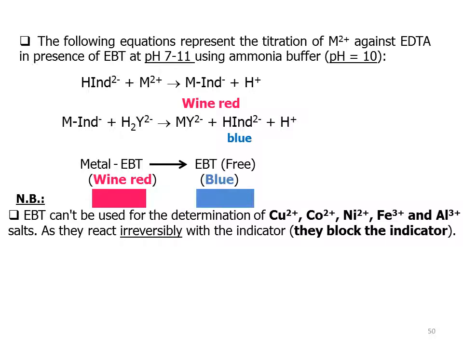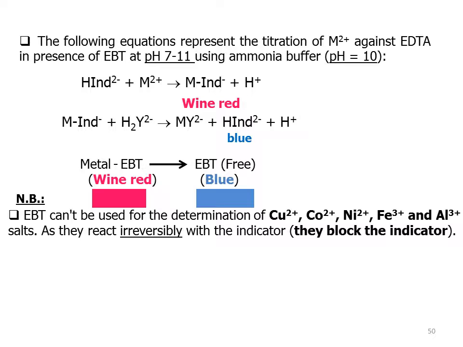Well, EBT cannot be used for determination of copper, cobalt, nickel, ferric, and aluminium. Why is that? Because these central metal ions form an irreversible complex with this indicator. That means even if we put EDTA, it will not substitute the indicator from the central metal ion indicator complex.